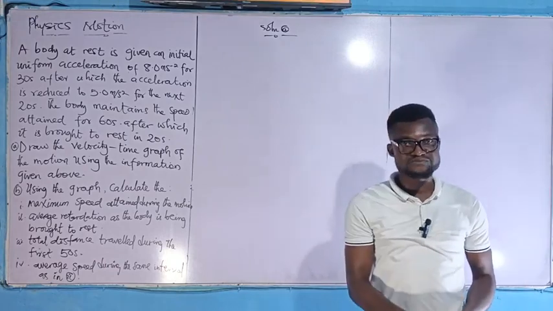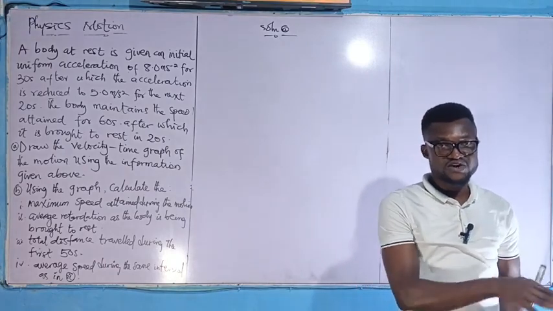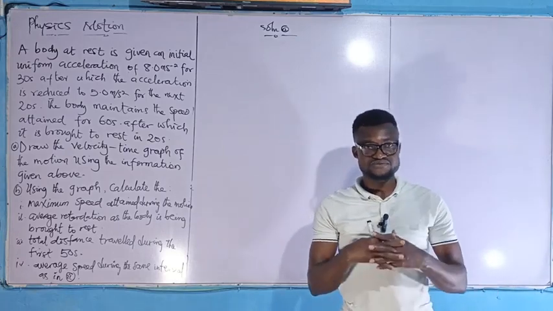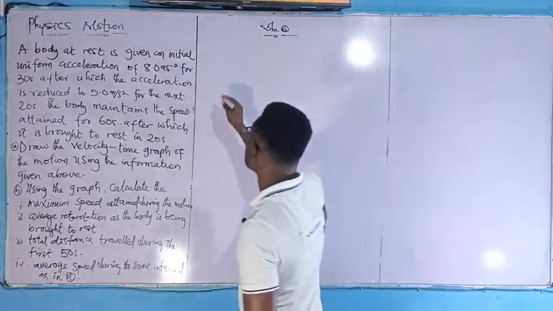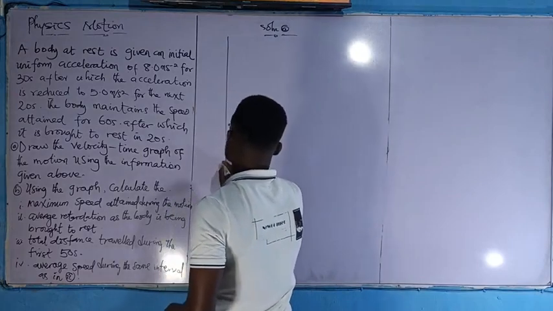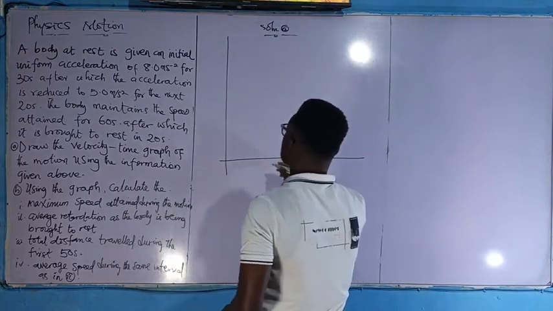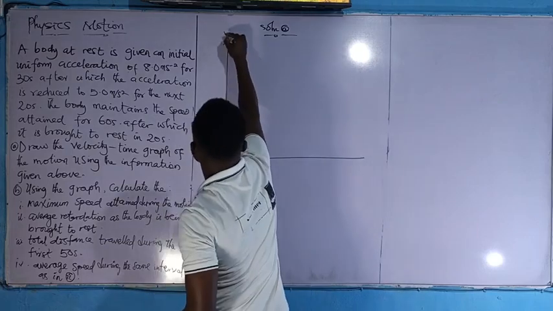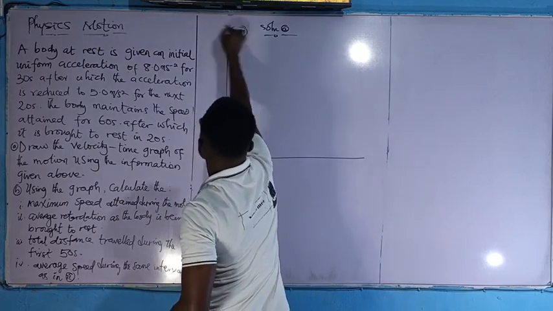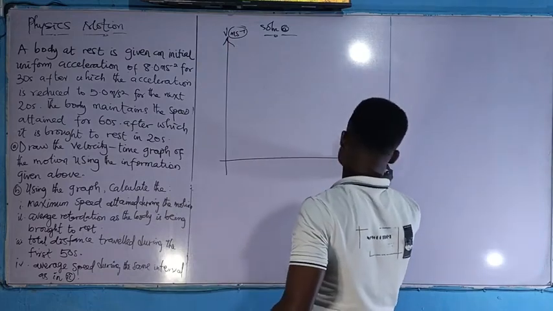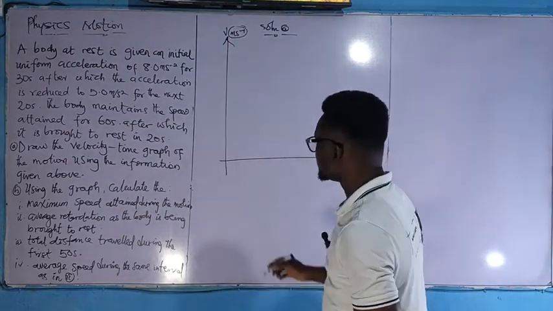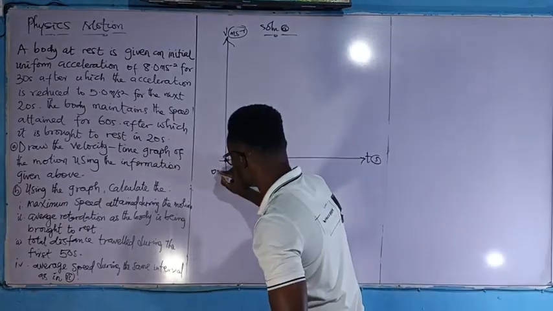On the vertical axis, you have velocity, on the horizontal axis, you have time. Here we have velocity measured in meters per second, then time measured in seconds. At this point, we have the origin 0, 0.